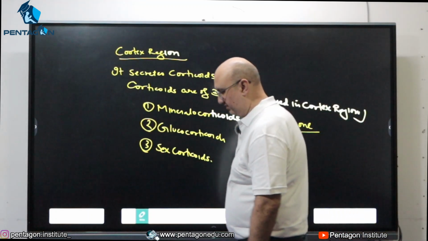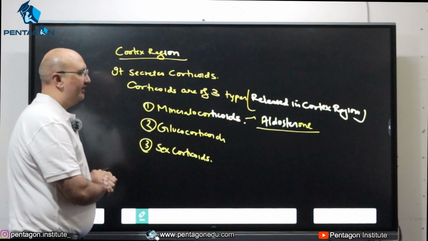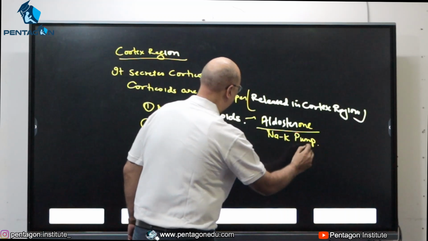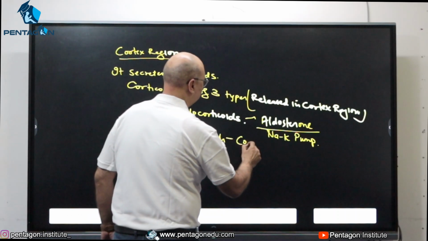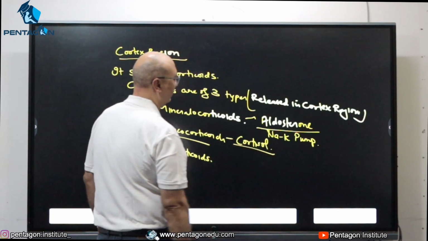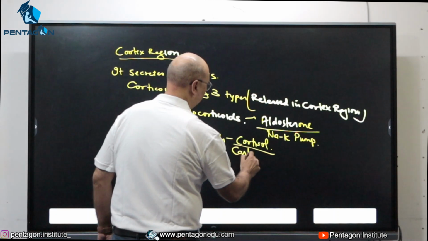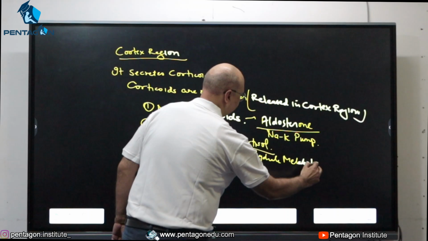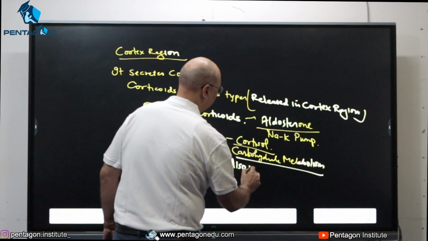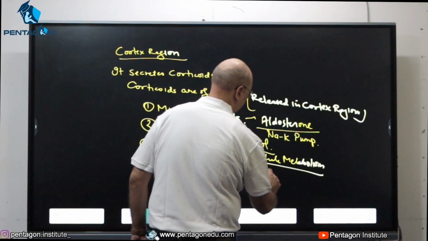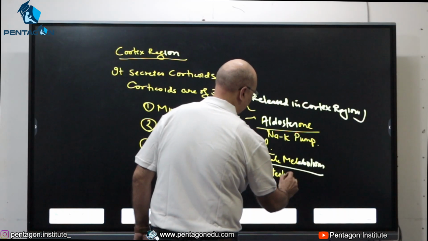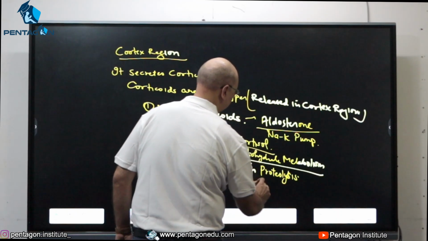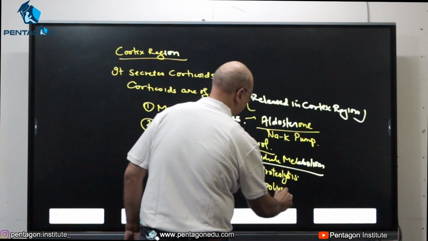It has its role in the kidney and in the sodium potassium pump. Glucocorticoid is cortisol. It has its role in carbohydrate metabolism, also in proteolysis and lipolysis.